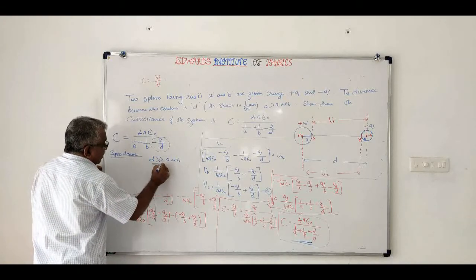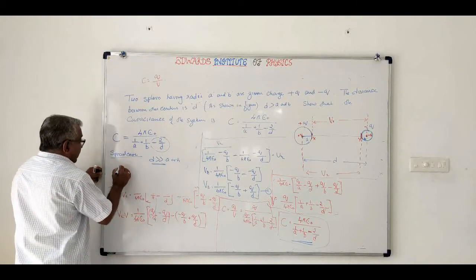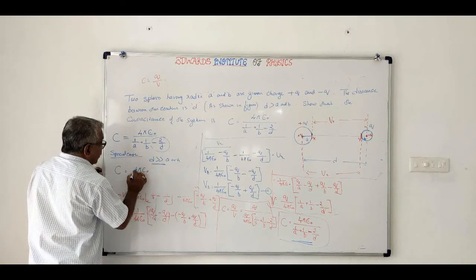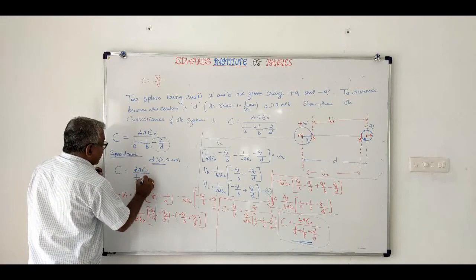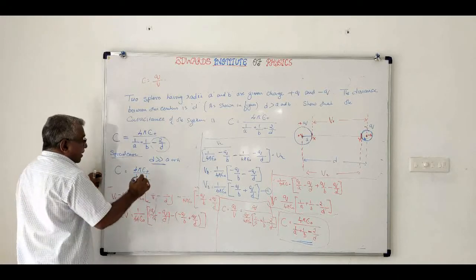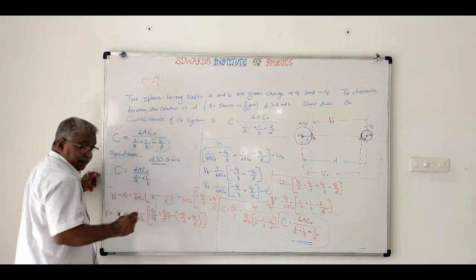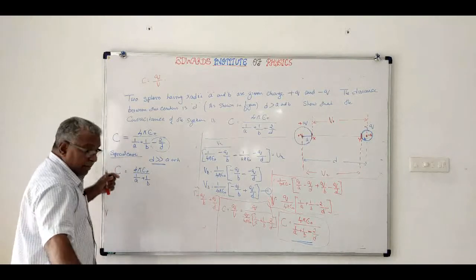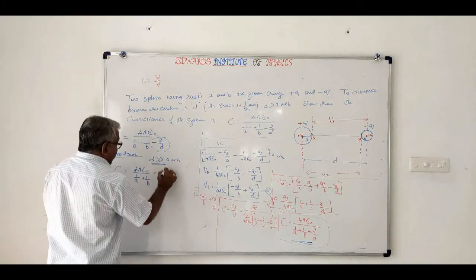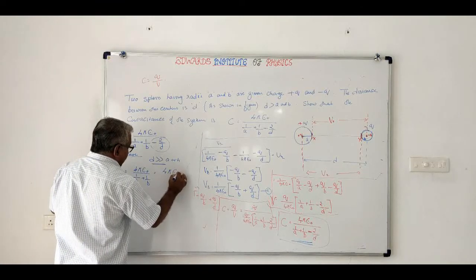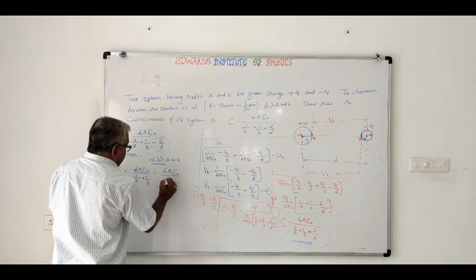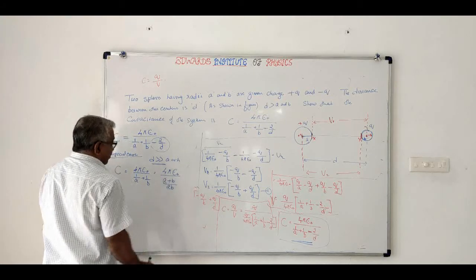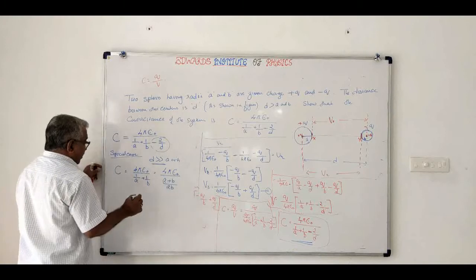So if d is very, very large when compared to a and b, then C will be equal to 4 pi epsilon 0 times 1 by a plus 1 by b, and that can be written as 4 pi epsilon 0 times a plus b by ab, or b plus a, whatever.